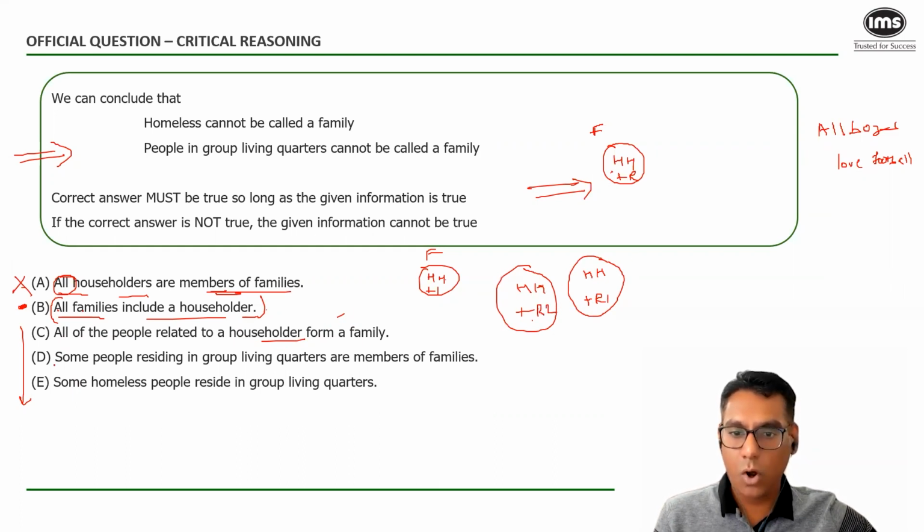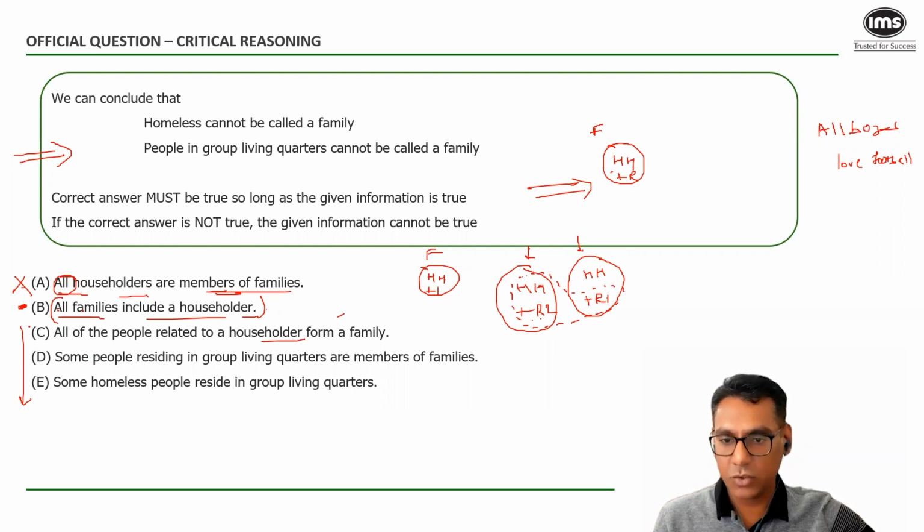So all the people related to a householder, that group would basically mean this group. Would that be a family? I'm not so sure because they are basically two families, right? If R1 and R2 were living with HH, maybe that would be a family. But right now there are two families. So I'm not very sure about it. And anyway, we have a better answer choice. So let's not select this.